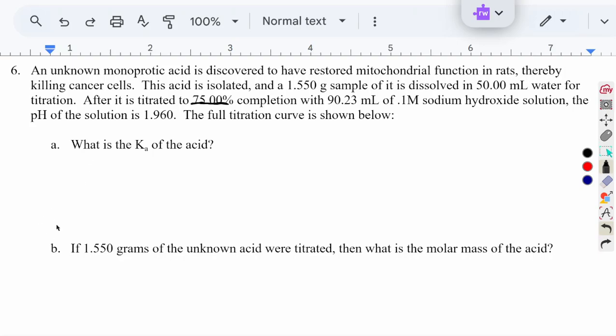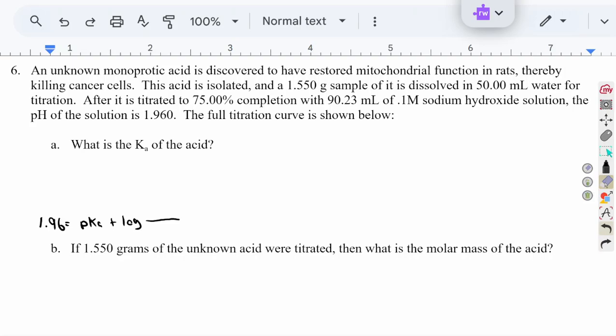We're gonna do something very similar to what we did before. We can find it by taking the pH. The pH is 1.96, equal to our pKa plus the log of the ratio. So let's find the ratio. But actually that ratio is really easy to find right now because they told us this percentage.